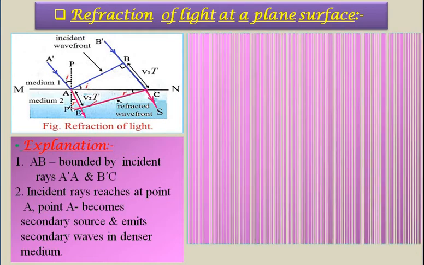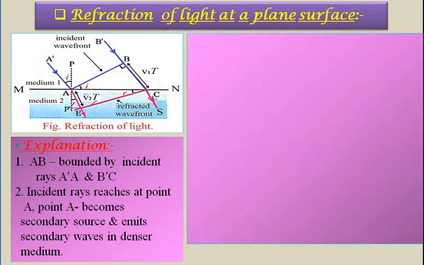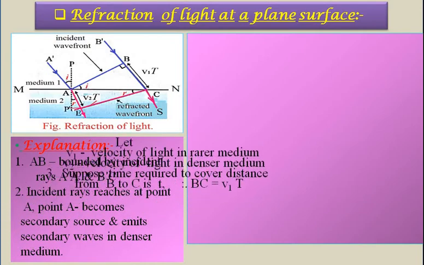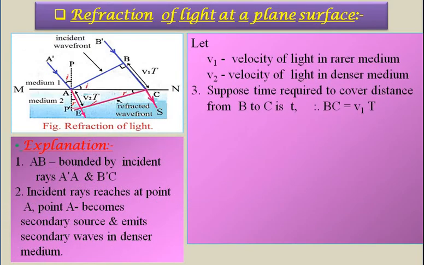Here V1 is the velocity of light in a rarer medium and V2 is the velocity of light in the denser medium. Suppose the time required to cover the distance from B to C is t. So the distance BC is equal to V1 into t.